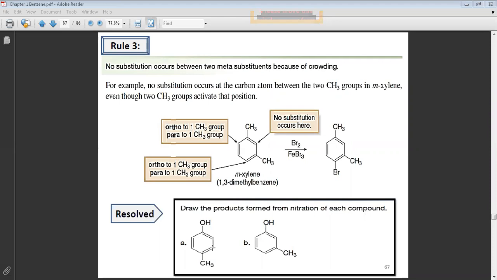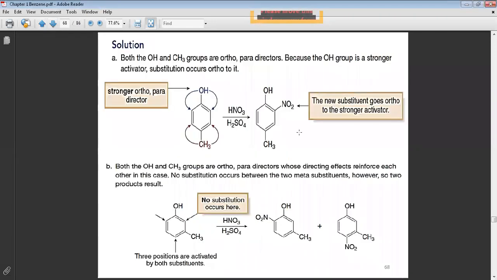To up. Okay. The second one, you have to resolve.